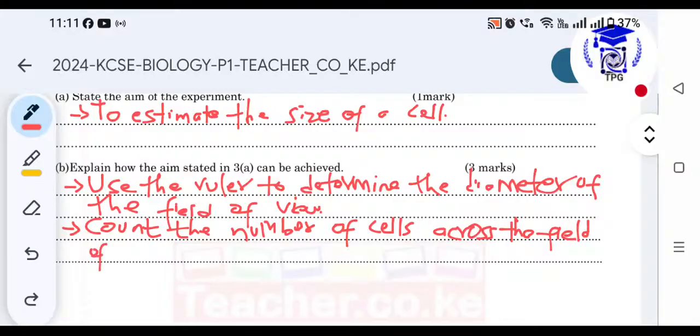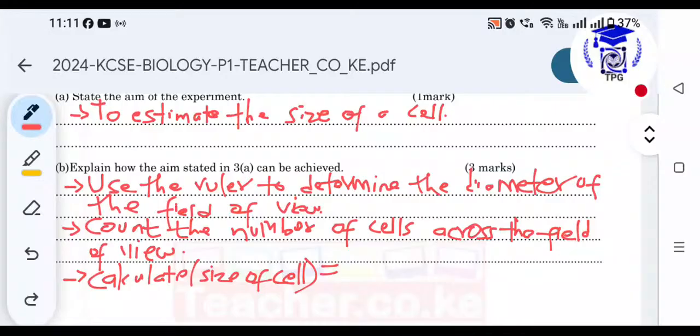Step number 1 was determining the diameter of the field of view. The second one is counting the number of cells. Then the next one is we will calculate the size of cell. And how do we calculate the size of cell?